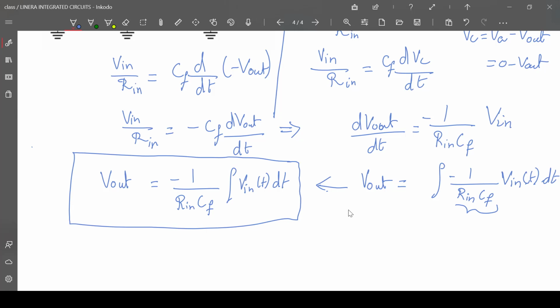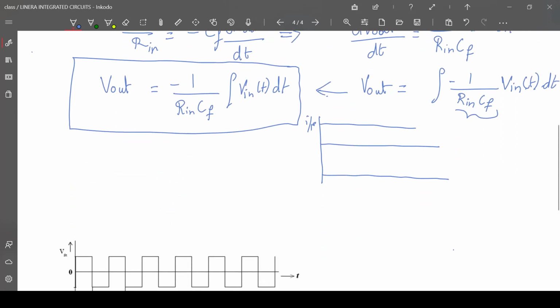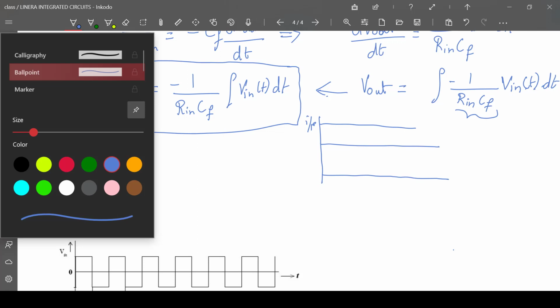So from this equation, we have to understand that the output of the integrator circuit will be the integral of the input signal, as well as it depends upon the resistance and capacitance. What is the effect of resistance? Let's see. If you are giving a constant input like this to an integrator, the corresponding output of that circuit will be like this.